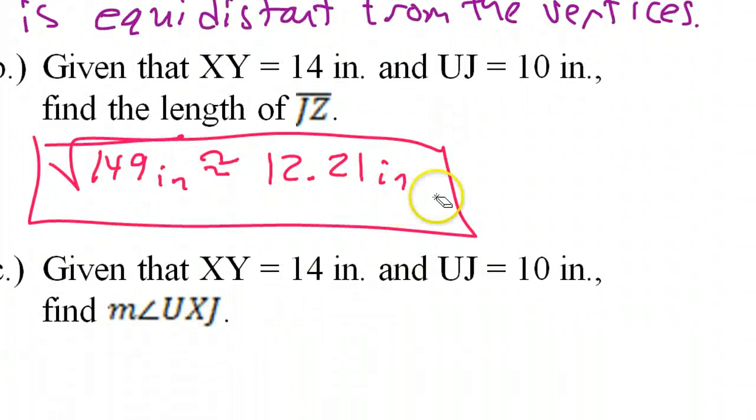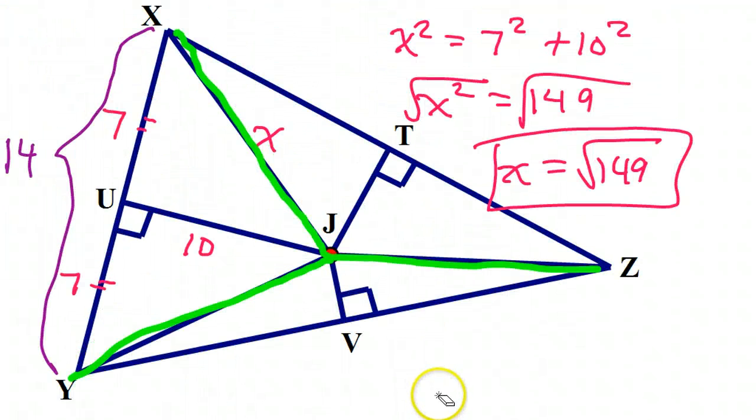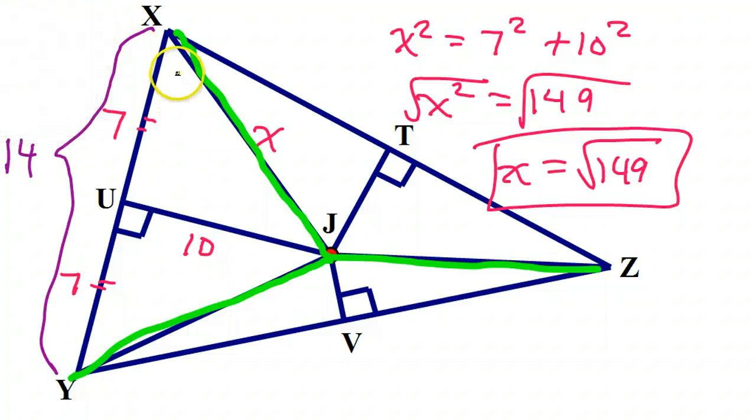Oh, okay, same situation, but this time they're asking me for angle UXJ. Angles again. All right, so this is another little review situation. This angle UXJ is this angle right here.